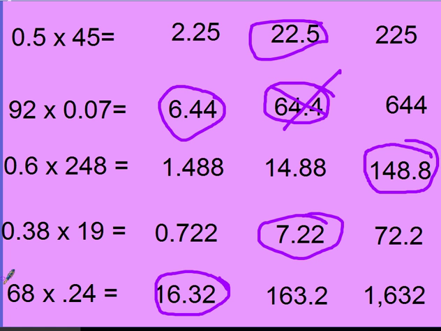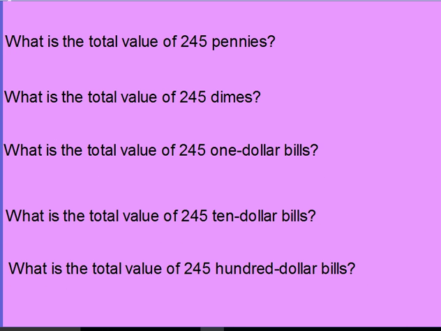So if I divided this by 4, this is what I would have got. What is the total value of 245 pennies? So this is worksheet number 71. Please talk with your partner about what you get on those.